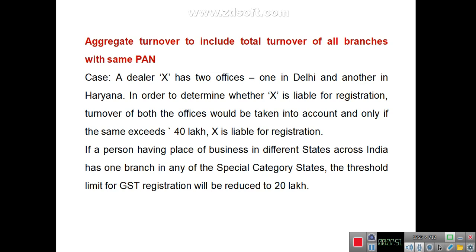In order to determine whether X is liable for registration, the turnover of both offices would be taken into account, and only if the turnover of both the offices, Delhi and Haryana, exceeds 40 lakhs, then X will be liable for registration.